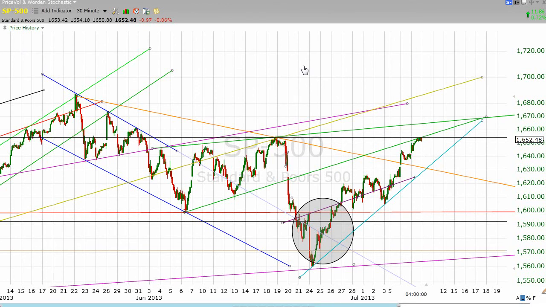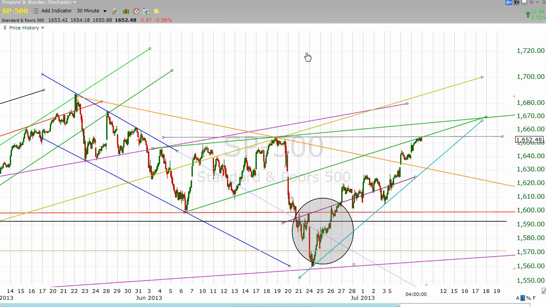We know that oftentimes with inverted head and shoulders we get horizontal necklines. I'm not telling you we have an inverted head and shoulders yet, but I think it makes sense to consider that we would encounter some resistance at this level, because that's where the market was before we experienced a fairly precipitous loss of approximately 90 points.